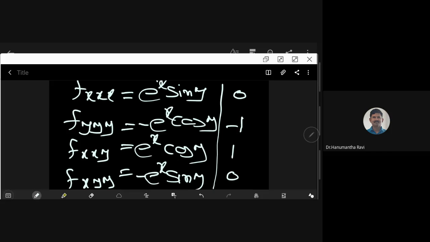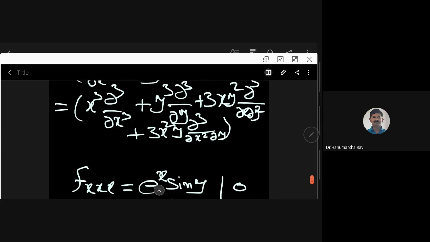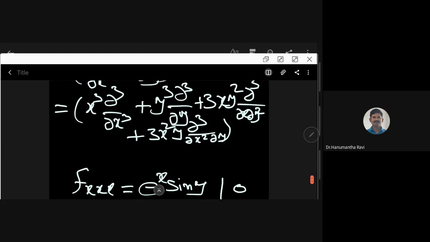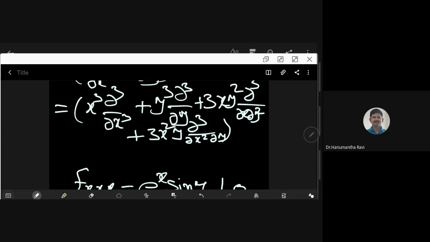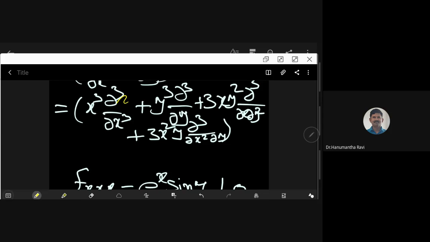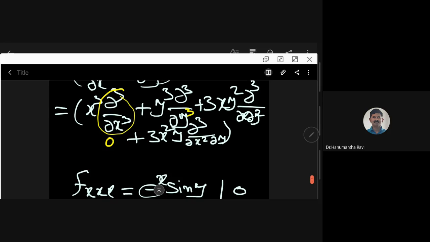Now go to the top. So 3 x's, that is 0. So this becomes 0. 3 y's, actually y cube is there. That is minus 1. Please see here, you have minus 1 here.